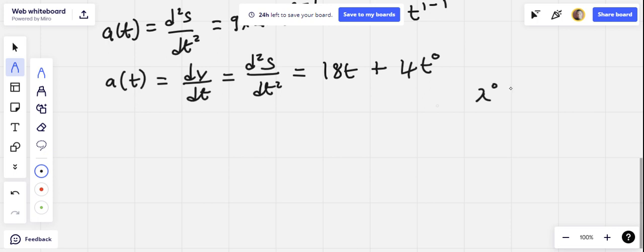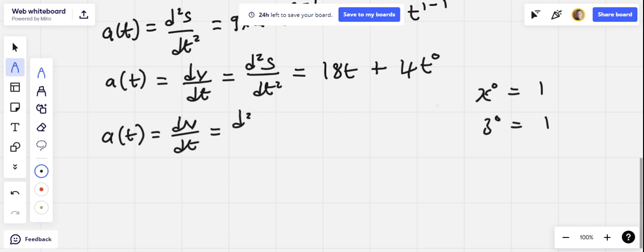X raised to the power of 0 equals 1. 3 raised to the power of 0 equals 1. That's according to the law of indices. Anything raised to the power of 0 equals what? 1.